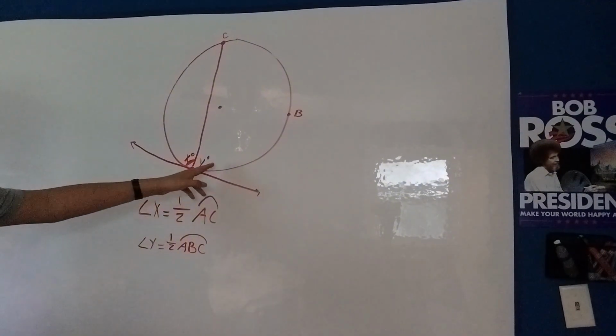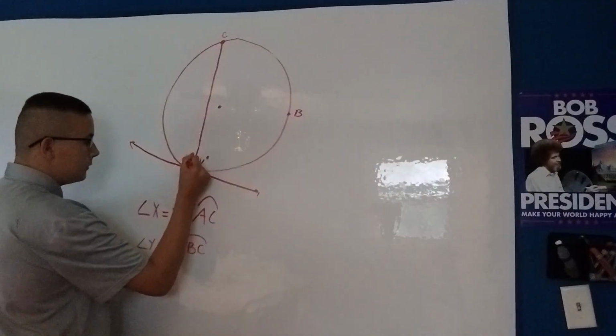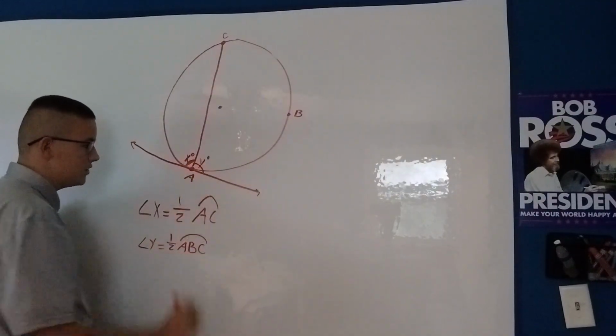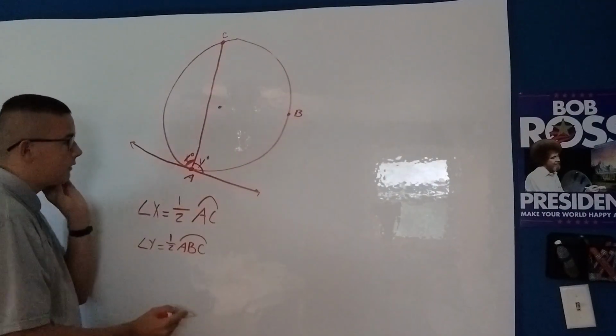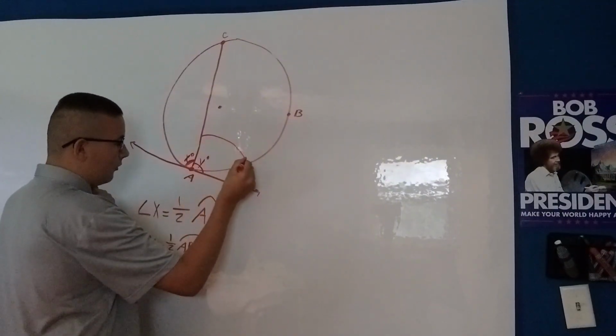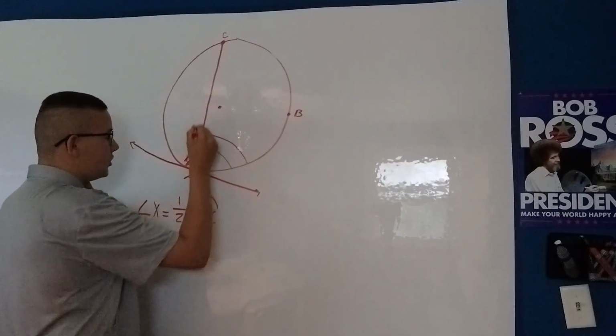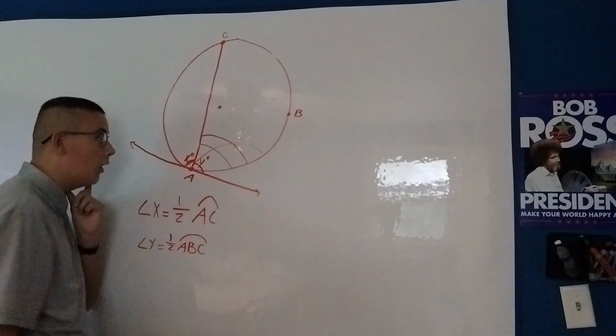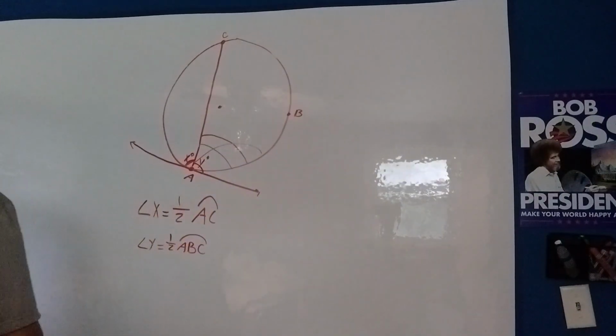And then again, between the chord and the tangent, not between the chord and the circle, because if we go between the chord and the circle, this is going to change the farther out you go. So it's between the chord and the tangent.